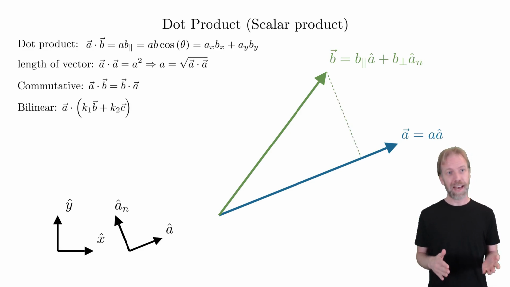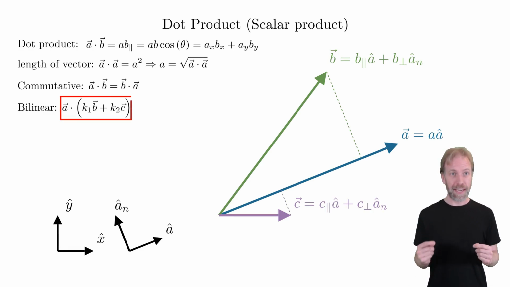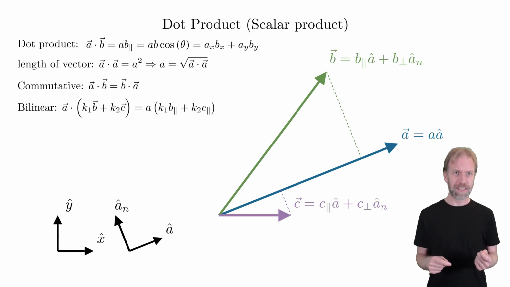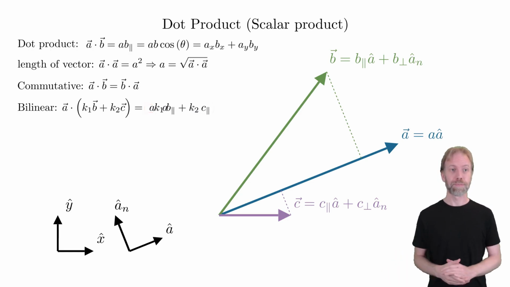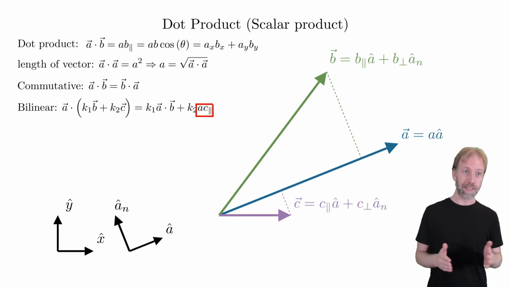And finally, add the vector C also expressed in a hat and a n hat. The dot product is the length of A multiplied by the parallel parts of B and C. As this is a traditional scalar expression, we can distribute A. A B parallel is the dot product between A and B, and A C parallel is the dot product between A and C.